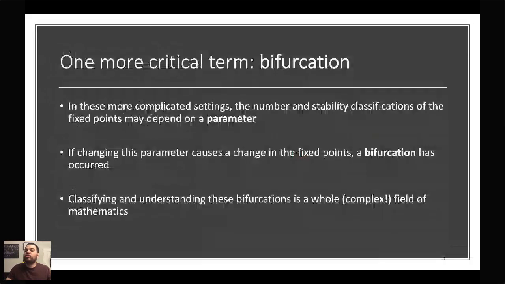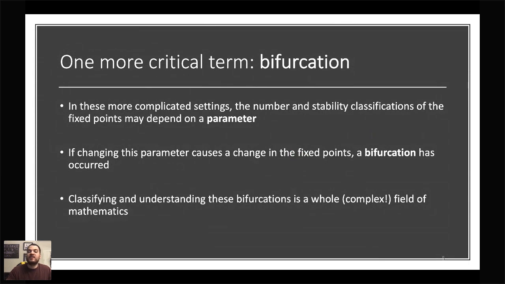Now, the last term we need in our dictionary here is bifurcation. So in these more complicated settings I just mentioned, we can get some situations where by changing one individual parameter, I can change the number and the stability classifications of these fixed points.